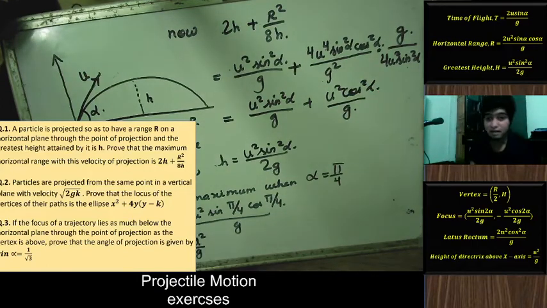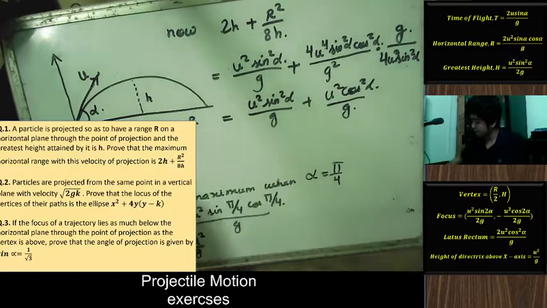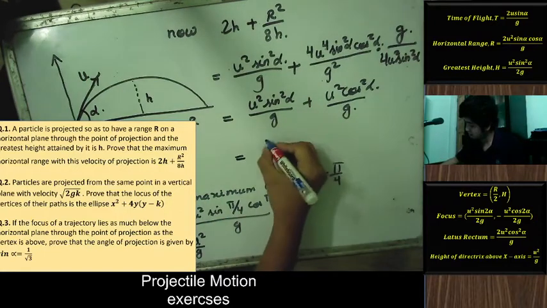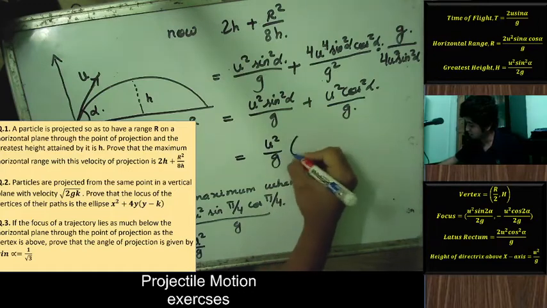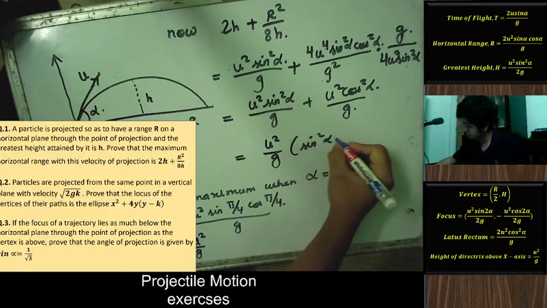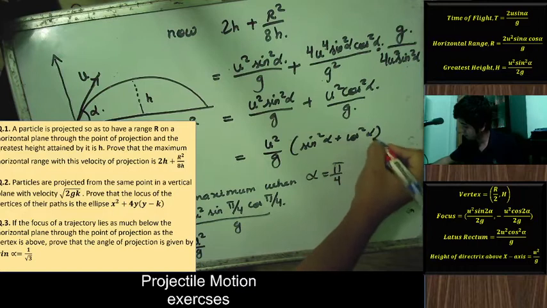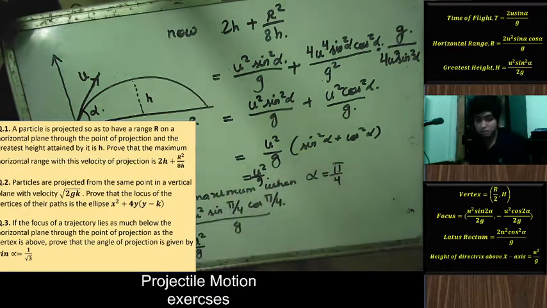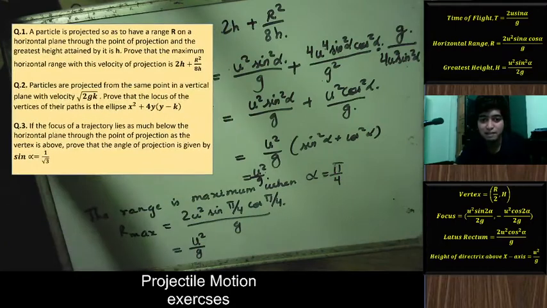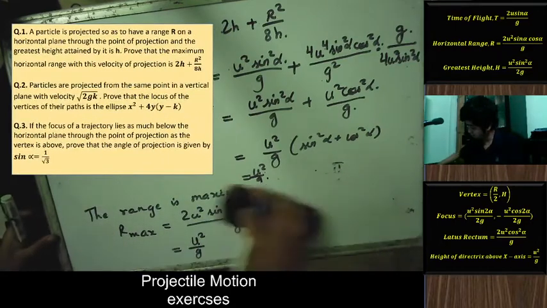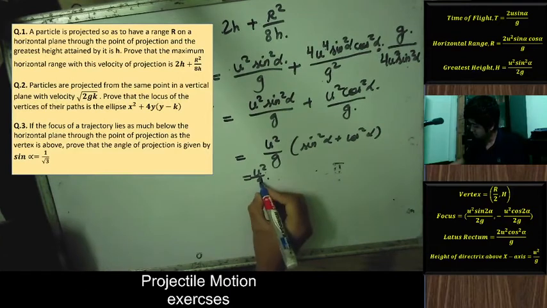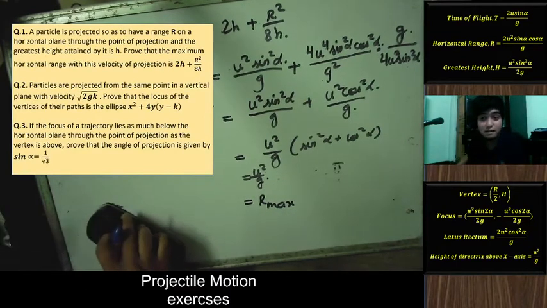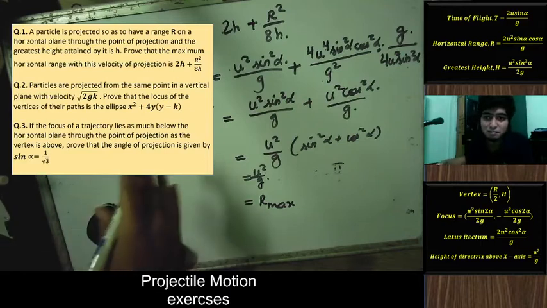What we can do now is take common u squared upon g. So overall, you will have u squared by g, which is equal to R max. So we have done it. This is the final solution of this problem.